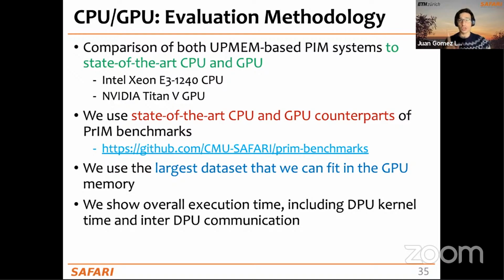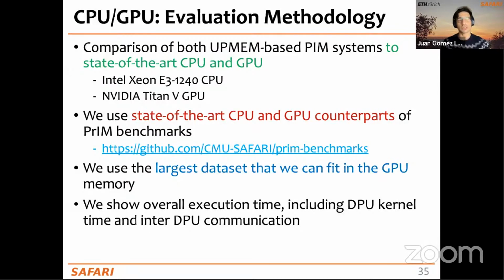We have used here the largest data set that we can fit in the GPU memory, and this is important because we are not doing any sort of memory oversubscription. And recall that the amount of memory that we have in the PIM-enabled system is much larger than the typical size of the device memory on a GPU, which is around 12 gigabytes.